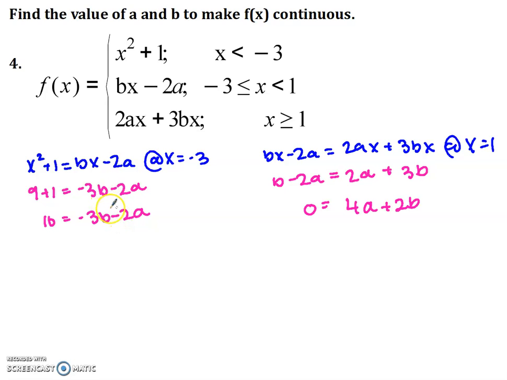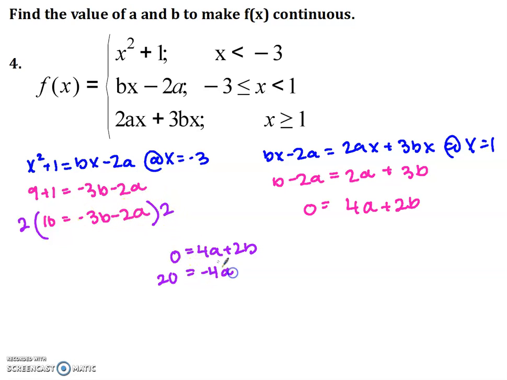Now I'm going to have to do elimination with these 2 equations. Okay. I am going to eliminate the a's because since this is 4a, I just need this one to be a -4a. So I can take this equation and multiply it through by 2. So I have 0 equals 4a plus 2b. That's this equation. Okay. This one will give me 20 equals, this will be a -6b minus 4a.